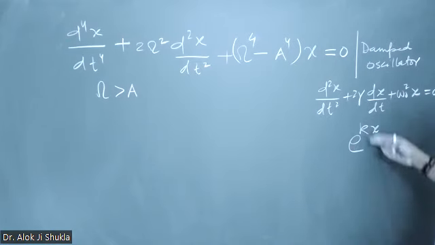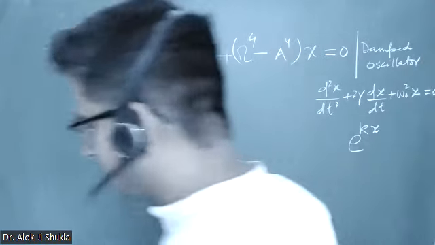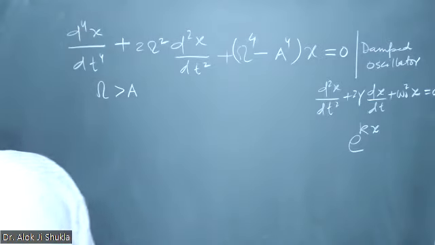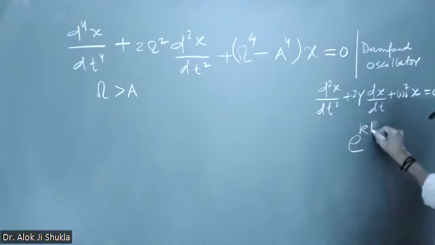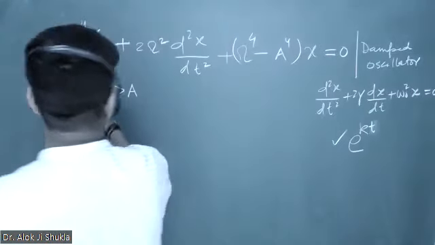So if I assume such a solution, we will get some idea of what is going to happen. So just assume its solution is some e to the power kt, like we get the solution for a second order differential equation. Please see what will happen.